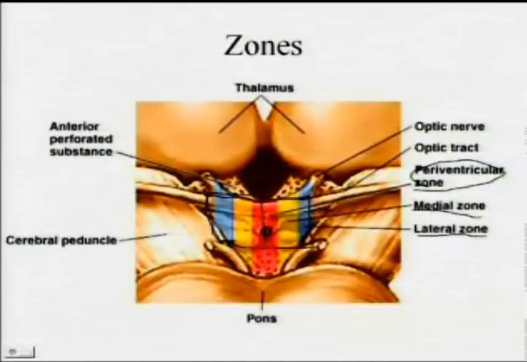Also note these anterior perforated substances and the posterior perforated substances, reminding us that there are many small vessels that enter into the brain tissue in this area, and obviously those coming to provide the vasculature to the hypothalamus and to the pituitary stalk, forming the hypothalamo-pituitary portal vessel system in this area as well. So there's the circle of Willis, if you're familiar with the arterial input to this area, that provides branches for all of these structures.